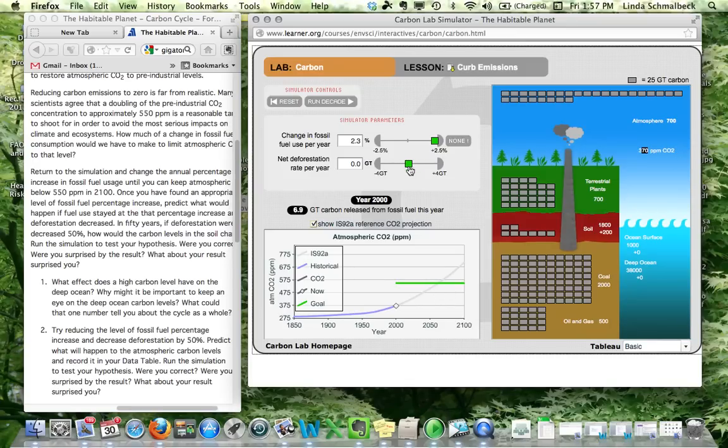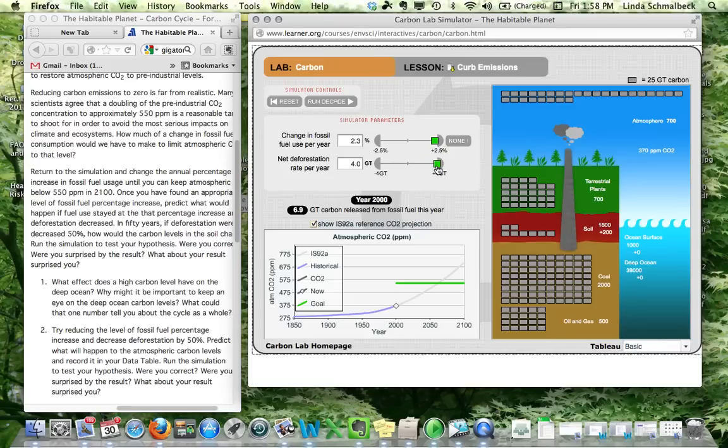And they're also going to ask you to play around with the net deforestation rate. You can move that up and down also. You have to think really hard what this means, because it's sort of a negative, you're increasing a negative. So if you go to plus 4 gigatons, that means you're cutting down trees.